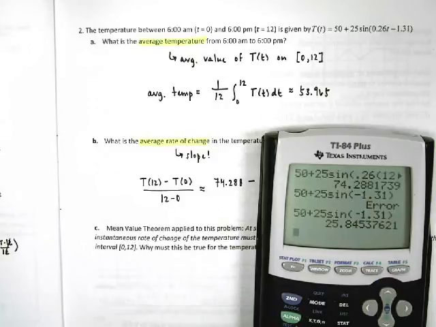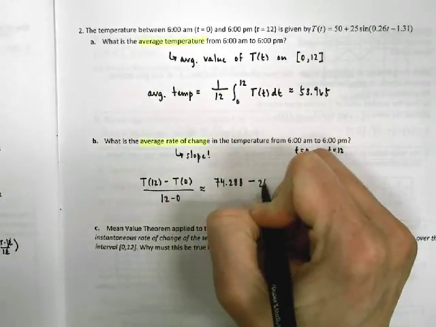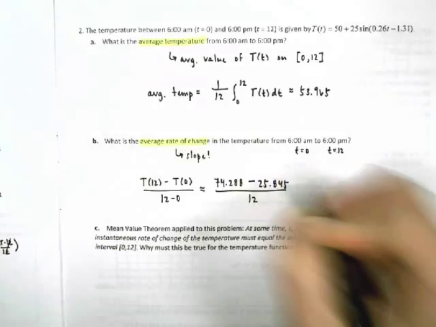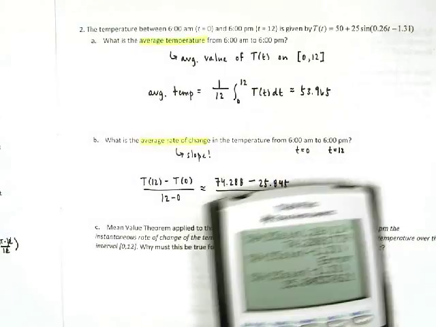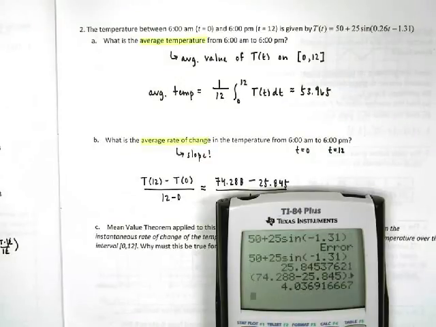Okay, we get 25.845. And that's going to be divided by 12. So one last calculation here, 74.288 minus 25.845 divided by 12. And we get 4.037.